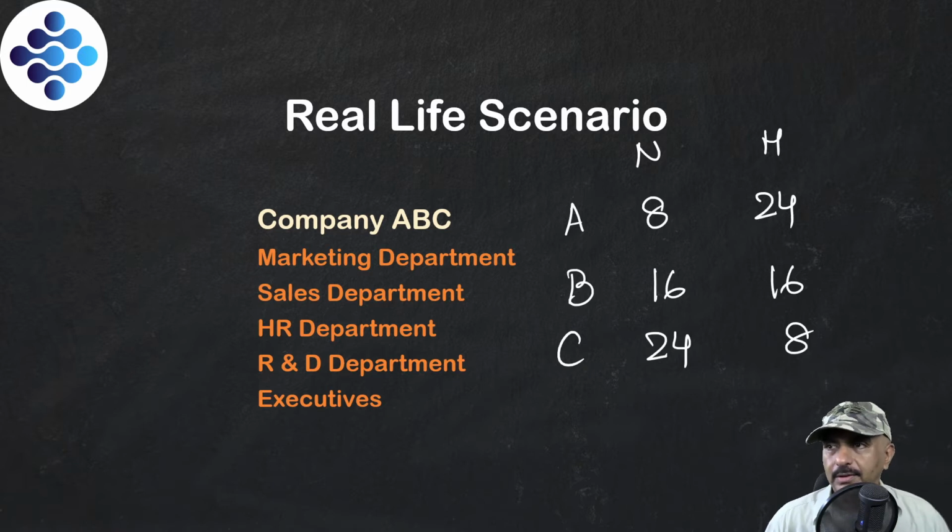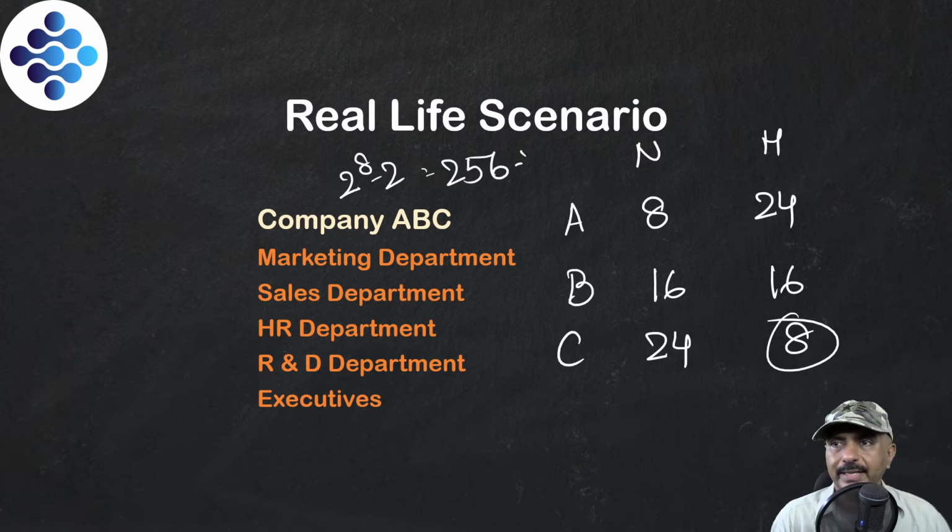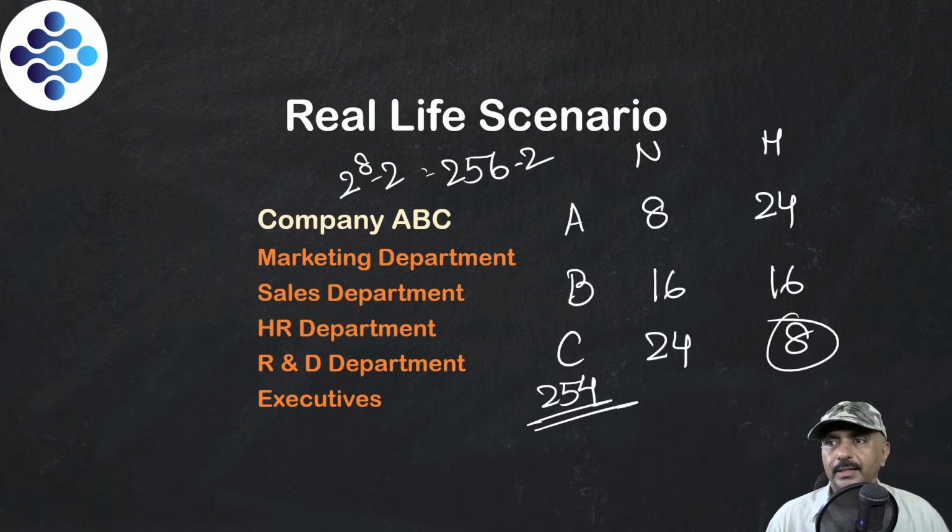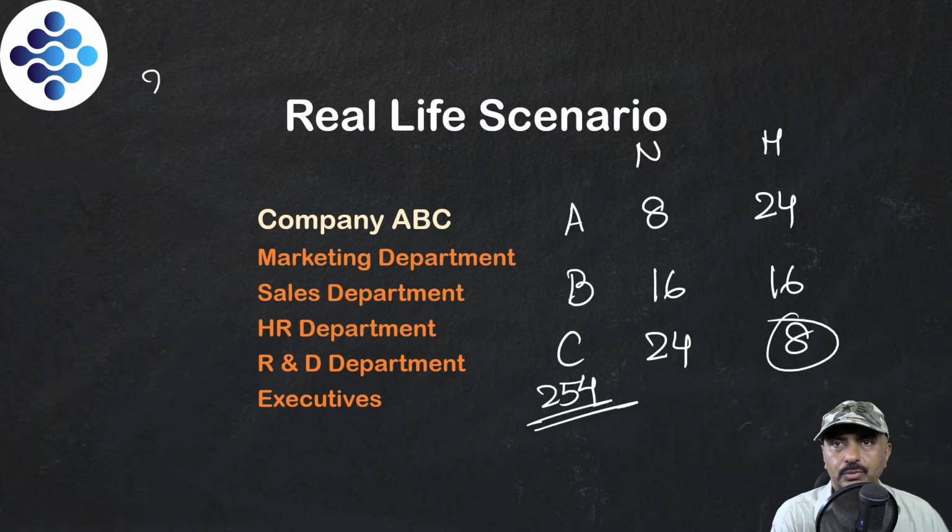Now we know that when it is 2 raised to 8, the number of possible hosts in one specific network in case of class C would be 2 raised to 8 minus 2, that is 256 minus 2, that comes to 254, right? In case of class B, it will become 2 raised to 16 minus 2. 2 raised to 10 is 1024, so 1k.